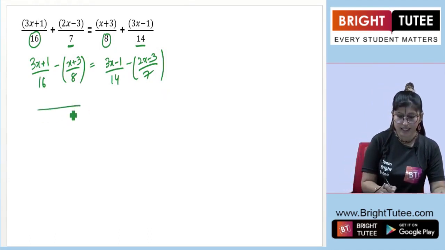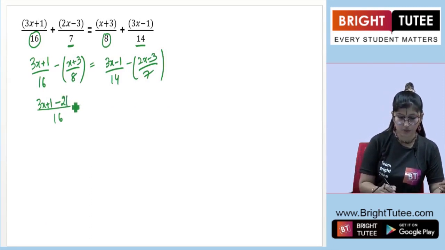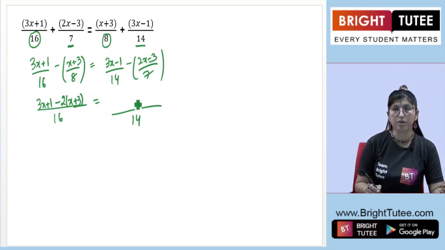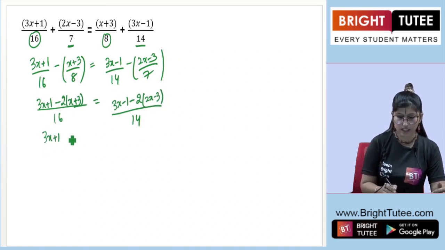Now we take the LCM. We get 16, and that will be 3x plus 1 minus, we multiply the numerator by 2, and over here we take the LCM 14, that will be 3x minus 1 minus 2 times 2x minus 3. Solving it, we get 3x plus 1 minus 2x minus 6.